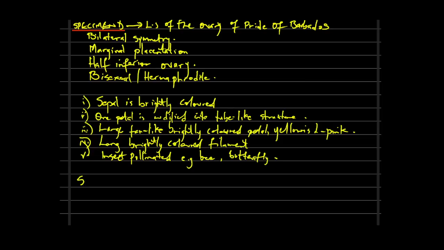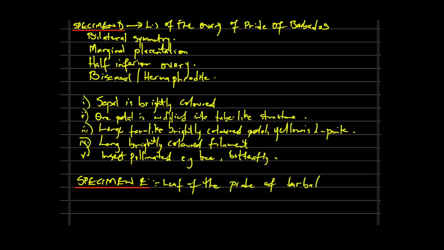So our next specimen, we have already discussed that. We have shown the picture of the specimen, that is specimen E, to be the leaf of the pride of Barbados.